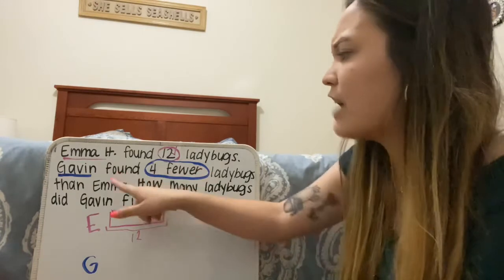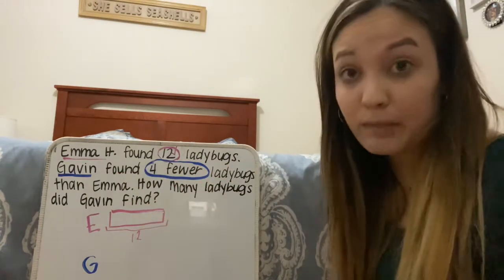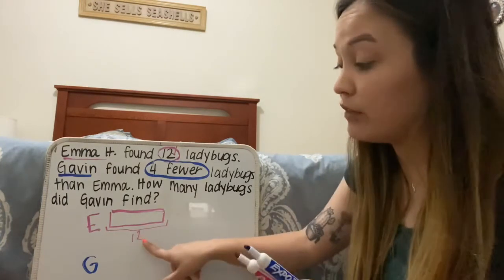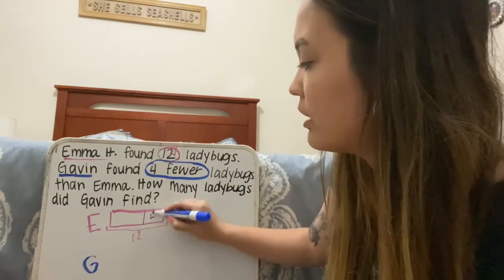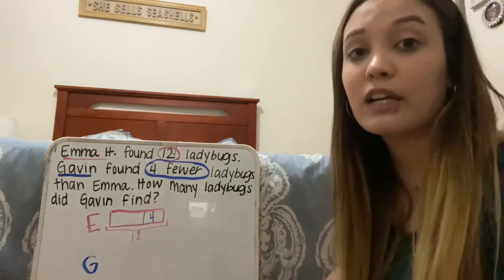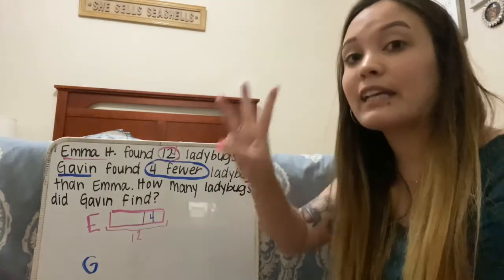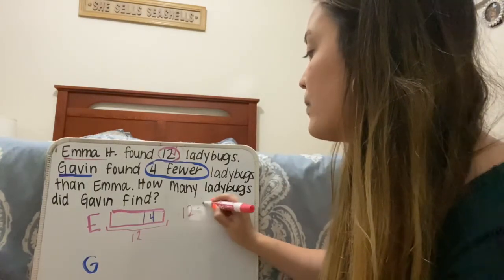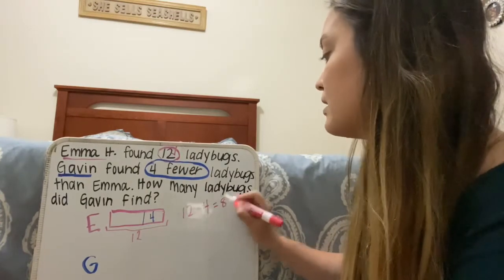So we know that Gavin found 4 fewer ladybugs than Emma. Well, fewer means less or subtract. So we know Emma has 12 ladybugs. So let's go ahead and take away 4, because Gavin found 4 less, and let's count backward to see what this number is right here. So 12, 11, 10, 9, 8. So you know that 12 take away 4, because 4 fewer, equals 8.